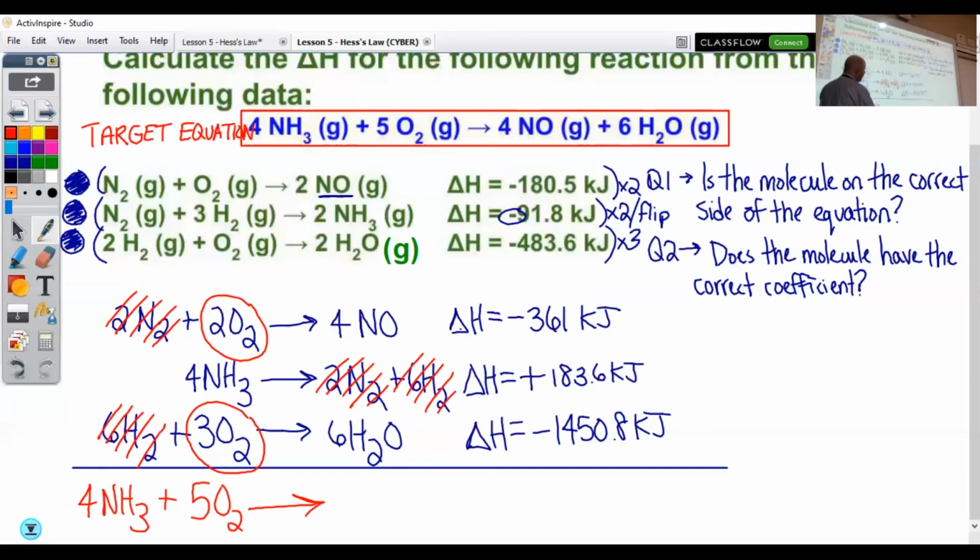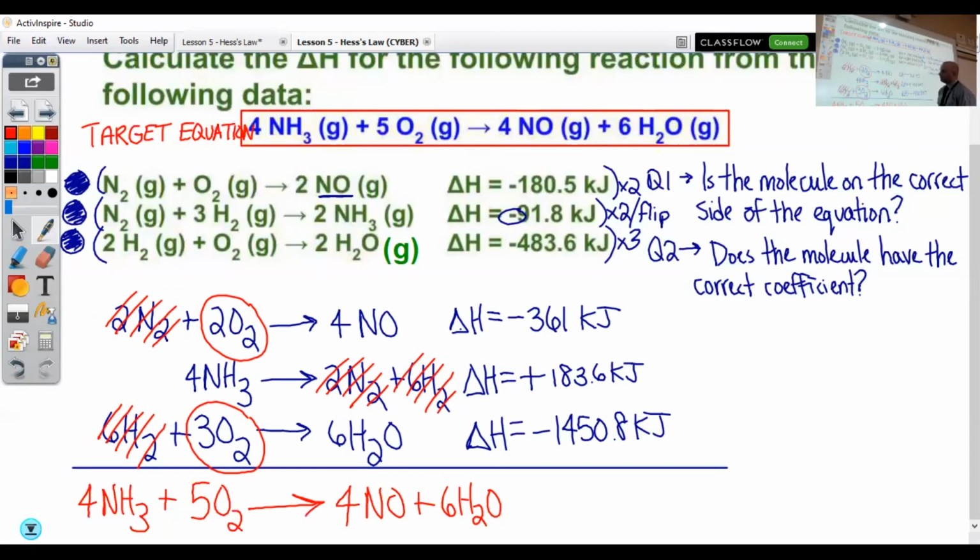We have 4 NO and we have 6 waters. Now earlier I compared this type of problem to a puzzle because just like a puzzle, we put together all of these different equations and we add them up and we get our target equation. 4 NH3 plus 5 oxygen gives us 4 nitrogen monoxide plus 6 waters.